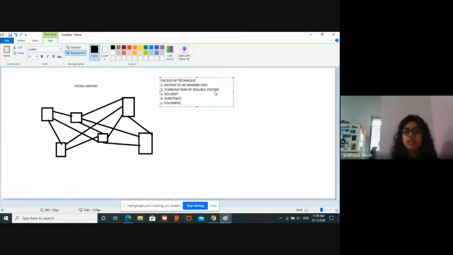And finally, we can stabilize these enzyme systems by the addition of salts. Okay. Now, why salts?